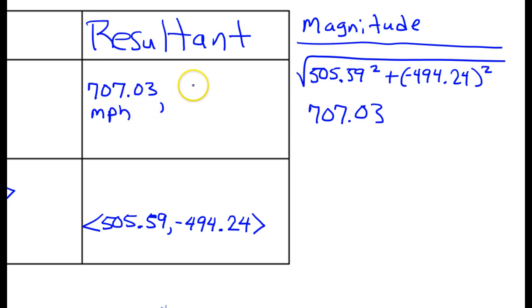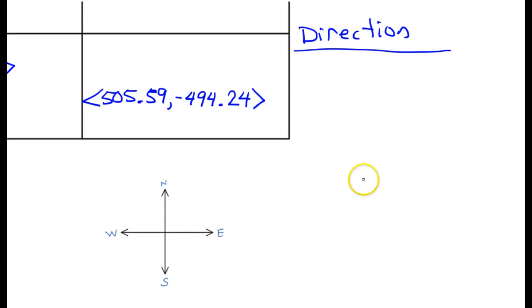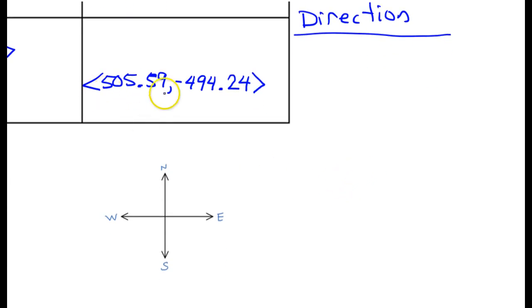Now we need the direction. So whenever I do direction, I like to make a diagram. So looking at the component form, notice that the horizontal component is positive and the vertical component is negative. That means I'm going to the right and down, or east and south.